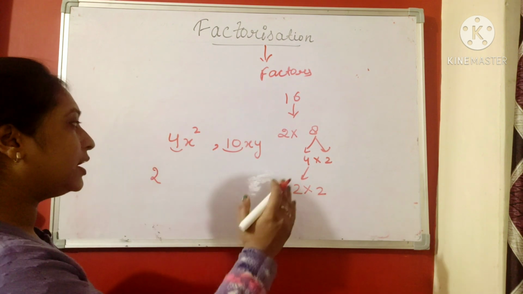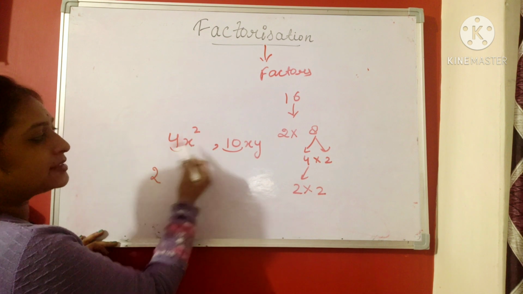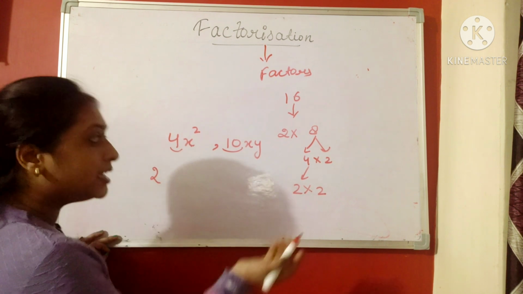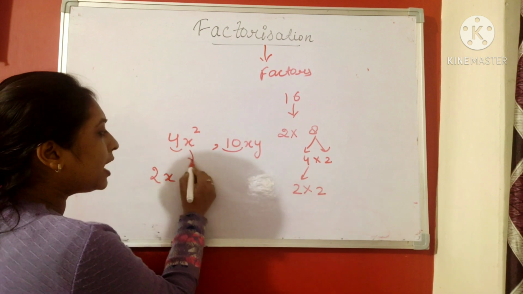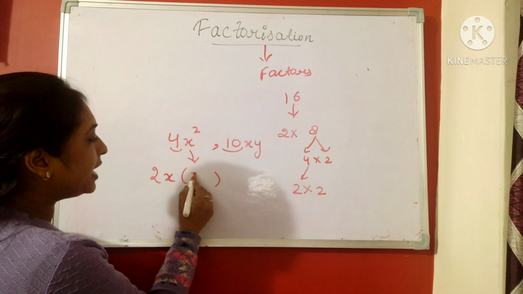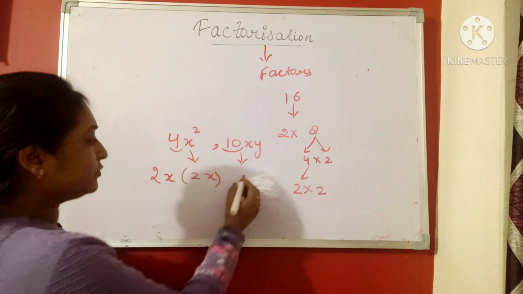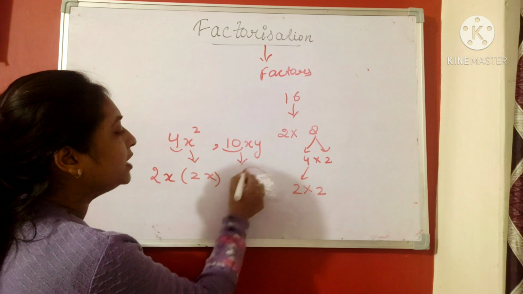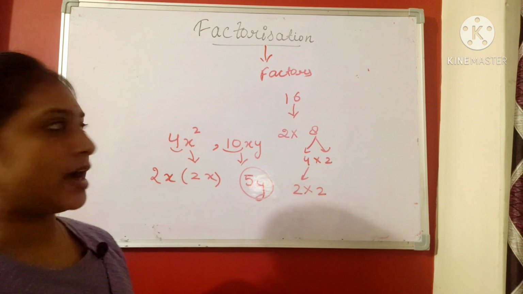We have to find the highest factor. Then if we talk about x, it has x square and it has x, so maximum x can be taken out. After taking out common, in this bracket we will be left with 2x, and in this we will be left with 5y. So this is the main thing that we have to do in factorization.